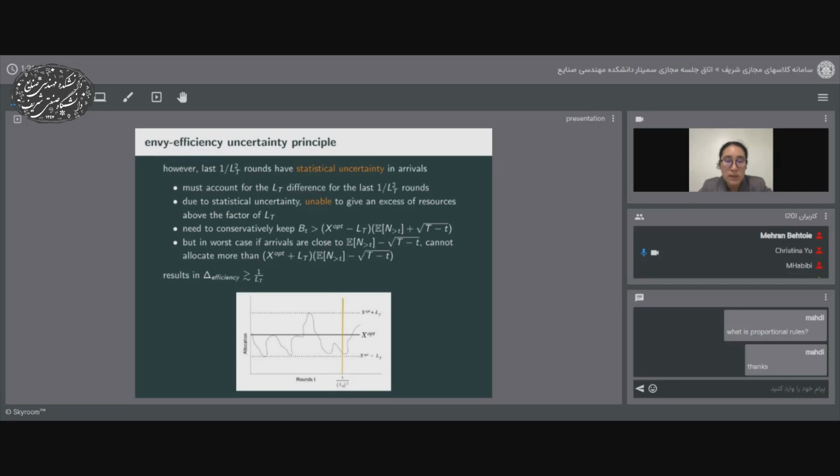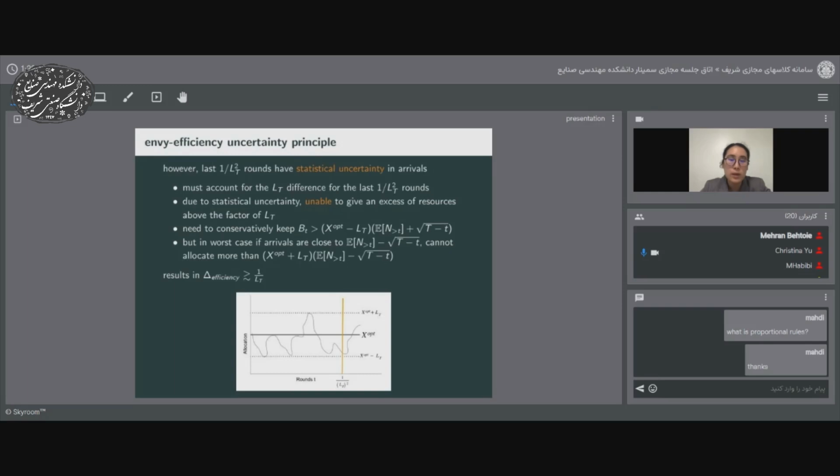However, in the worst case, if the arrivals are close to the lower confidence bound of the demand, meaning that in the worst case, if too few people arrive, if I wanted to burn off extra resources to have less waste, because of this upper guardrail that is enforced by our condition on the delta NV, we cannot allocate more than X opt plus LT for each of those people.